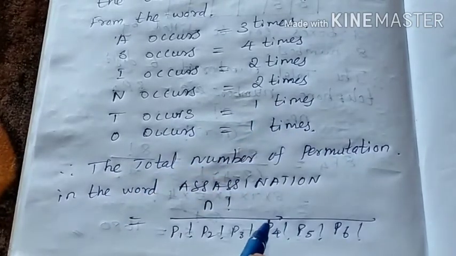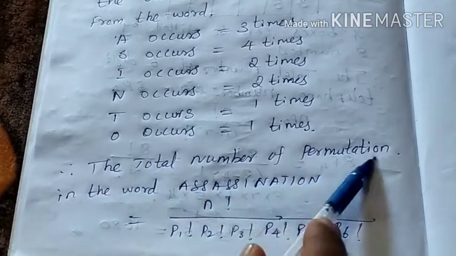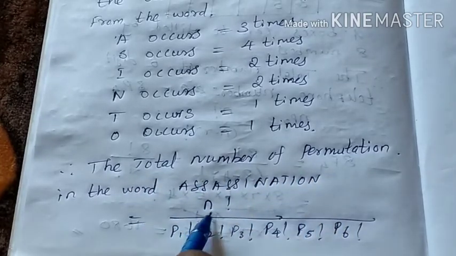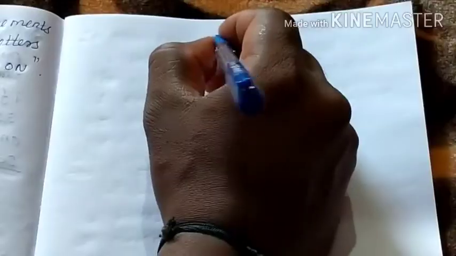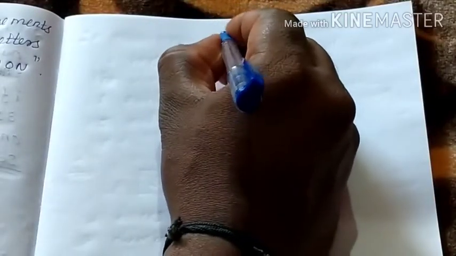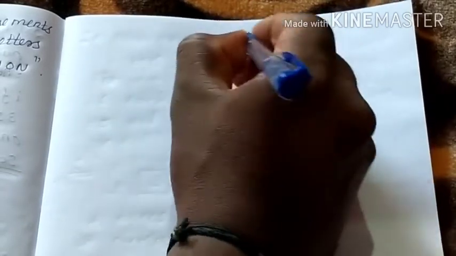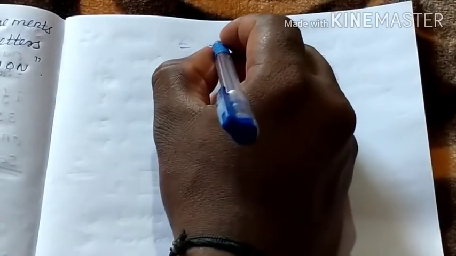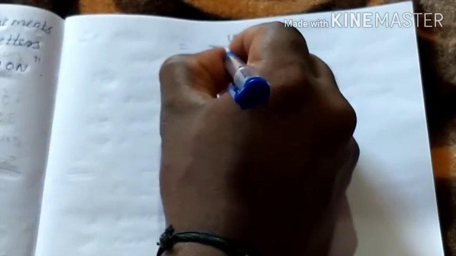Okay, so this is the formula for permutation. Therefore, the total number of permutations of the word assassination is n factorial divided by p1 to p6. Here n represents the total number of letters in the word, so 13. So 13 factorial divided by, p1 value is 3, so 3 factorial.